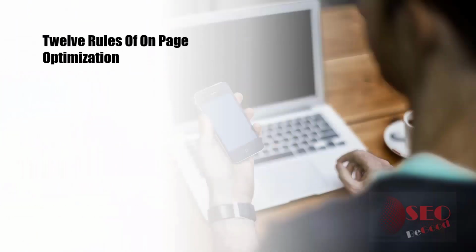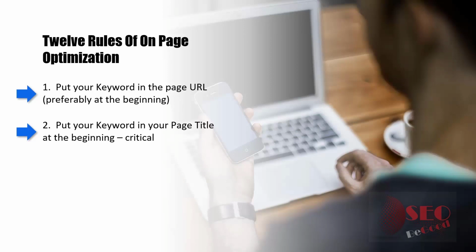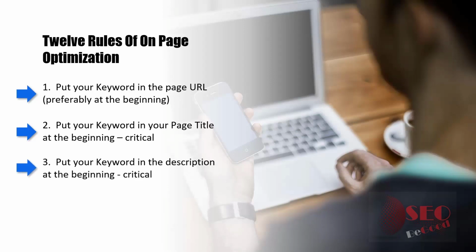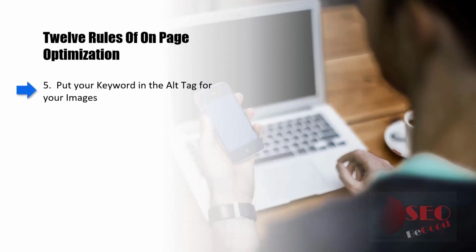12 rules of on-page optimization. 1. Put your keyword in the page URL, preferably at the beginning. 2. Put your keyword in the page title at the beginning. Critical. 3. Put your keyword in the description at the beginning. Critical. 4. Put your keyword in the title tags H1, H2, and H3. 5. Put your keyword in the alt tag for your images. 6.